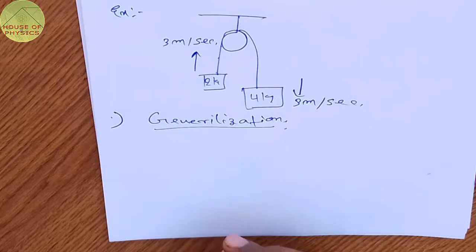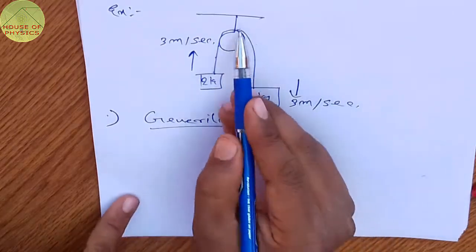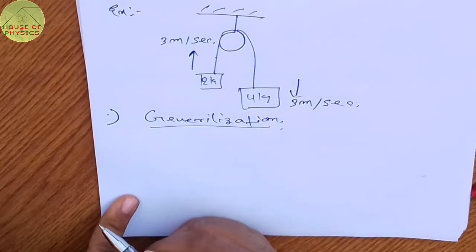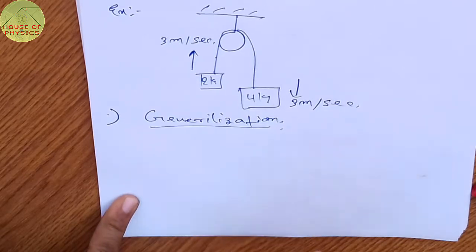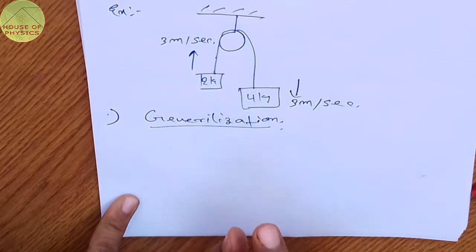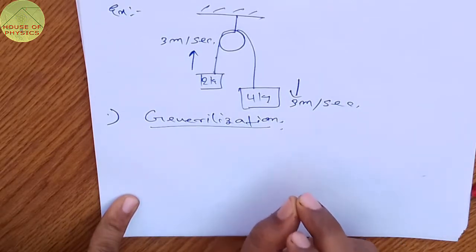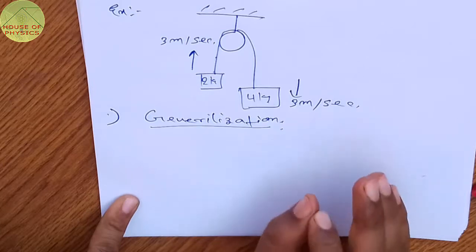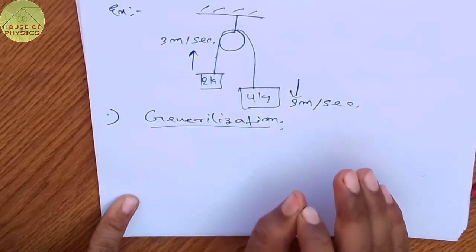Suppose this is the condition where we are assuming that the pulley is fixed. But every time the pulley won't be fixed. There is a situation where the pulley also can move. So at this point of time, we need to remember two facts.